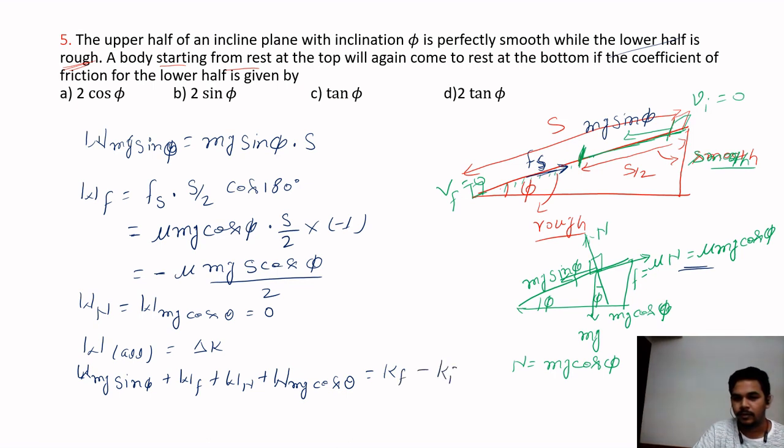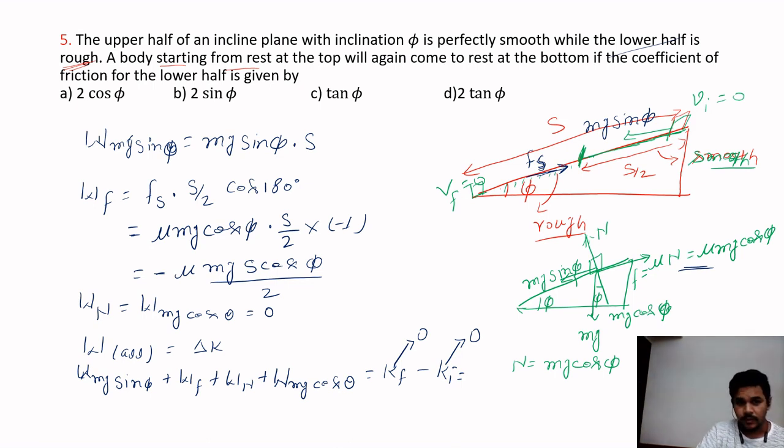For your further reference, the final speed is 0 as well as the initial speed is 0. So the final kinetic energy is going to become 0, and the initial kinetic energy is also going to become 0.